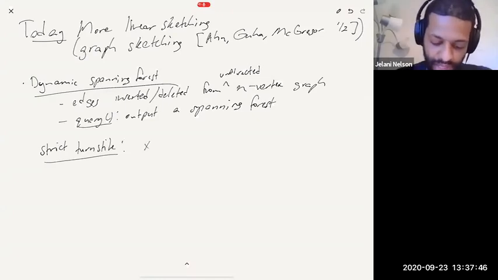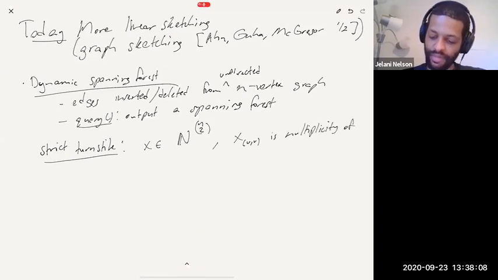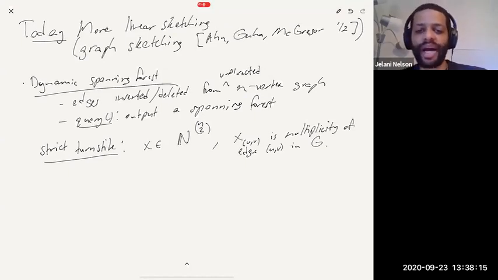Because you imagine that you have a vector x, which is in, well, let's even say, natural numbers to the n choose 2, where x_uv is the multiplicity of edge uv in the graph. Okay, so if it's a simple graph, then it's always going to be 1 or 0. But if it's a multigraph, you might have many copies of an edge.